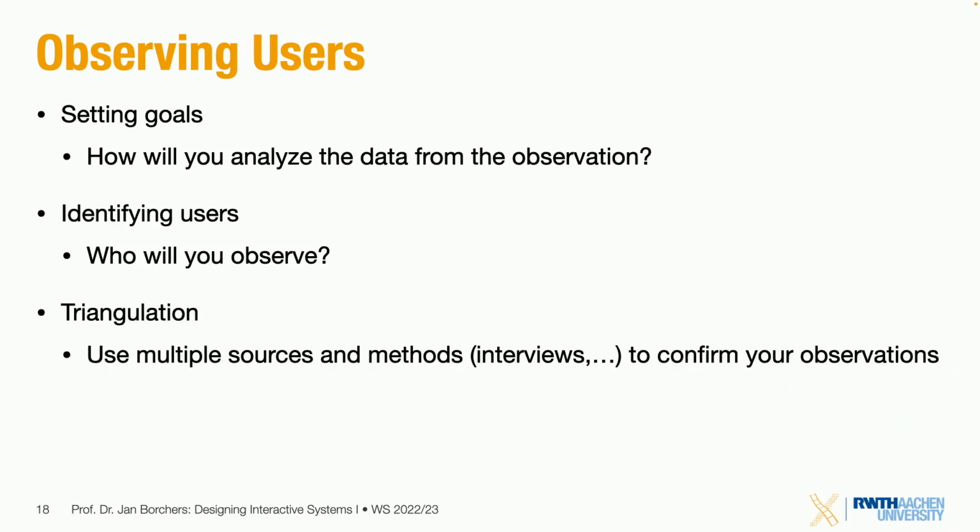And then a great approach to make sure that your observations are covering the ground well is what we call triangulation. So you use different sources. You don't just observe, because observation means that you don't really talk to people, right? You just look at what they're doing. You may also do interviews with them.